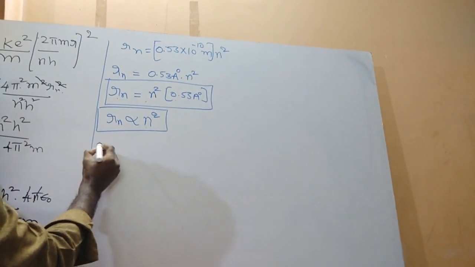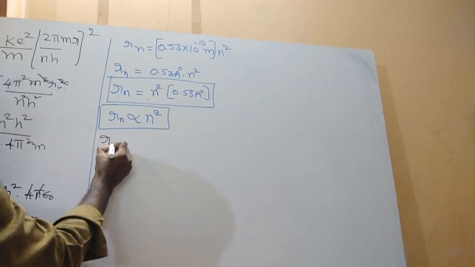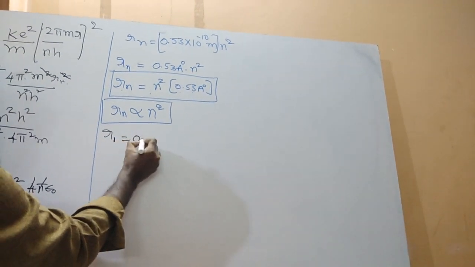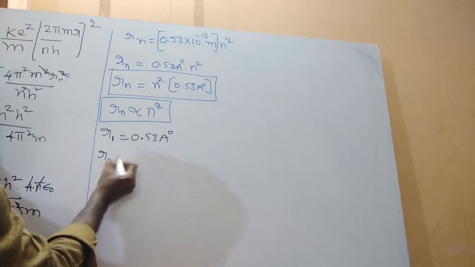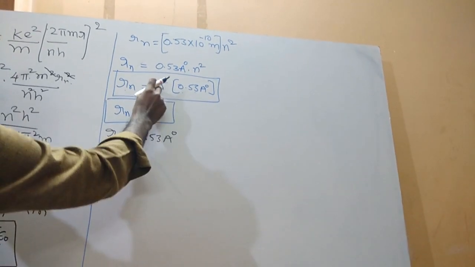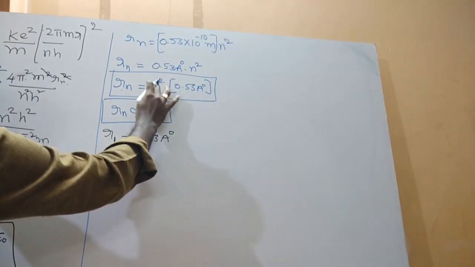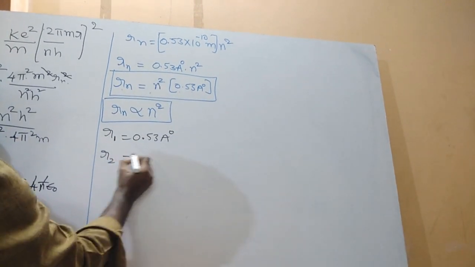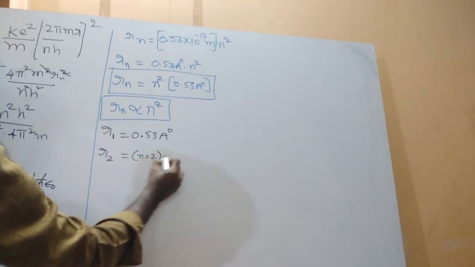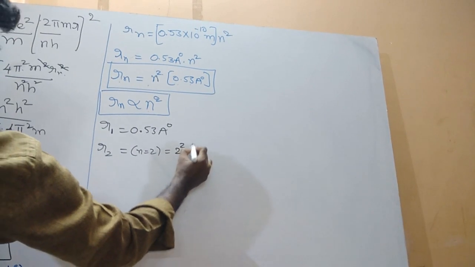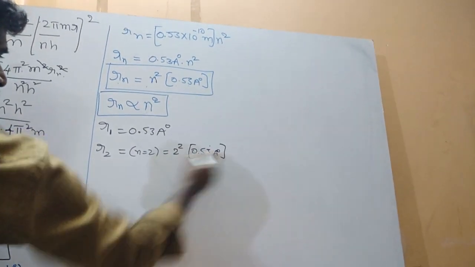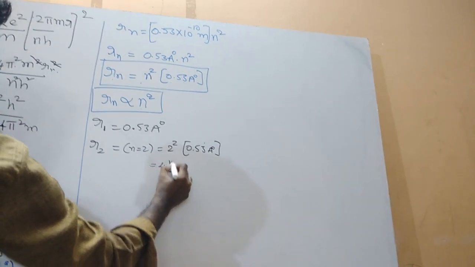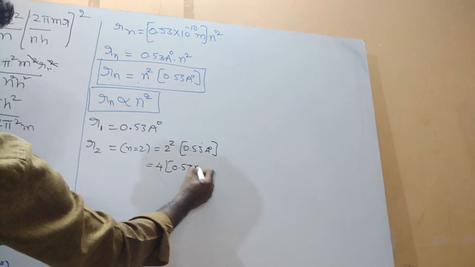You can easily find that R1, the radius of the first orbit, is equal to 0.53 angstrom. If R2, the radius of the second orbit, n is equal to 2, that is 2 square into 0.53 angstrom, that is 4 into 0.53 angstrom.